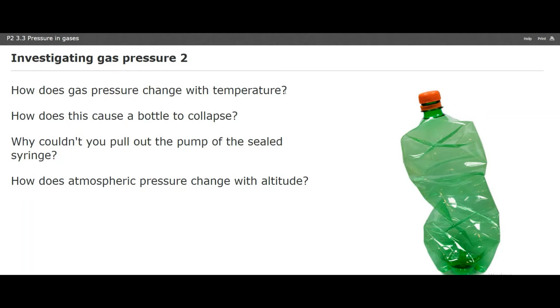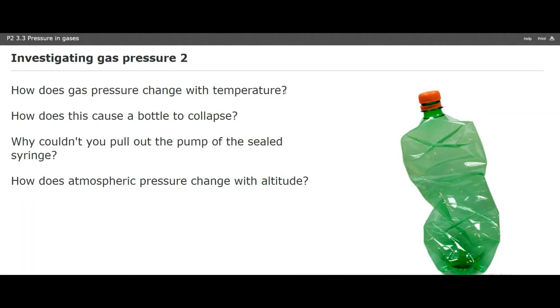Why couldn't you pull out the pump of the sealed syringe? Okay, so when I put my finger over the end of the syringe, I found it hard. I mean, I could pull it, but it was difficult to pull it up. And that's because internally, the volume of the container is increasing, and because it was sealed with a fixed amount of gas, the pressure inside goes down.